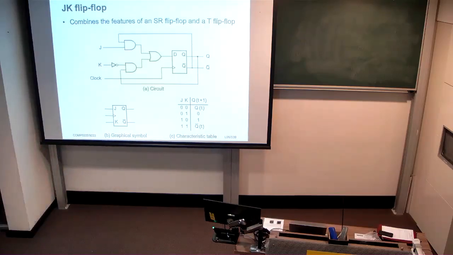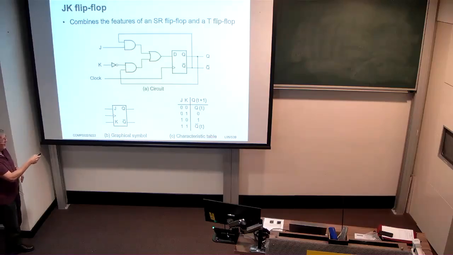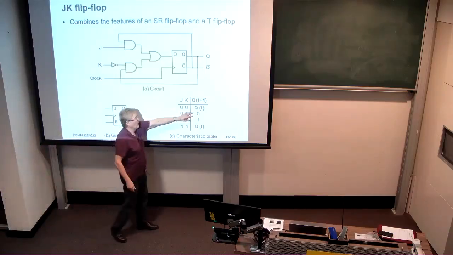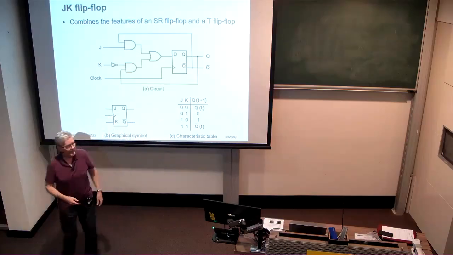So when both J and K are 0 here, obviously this AND gate is inactive, but with K being 0, this AND gate is active, and takes the current state and feeds it back into D. So when both J and K are 0, we're just preserving the current state.